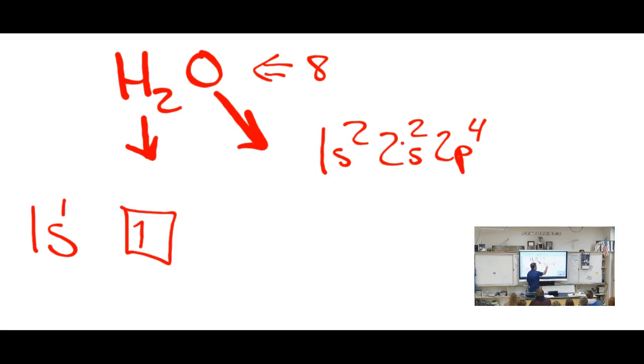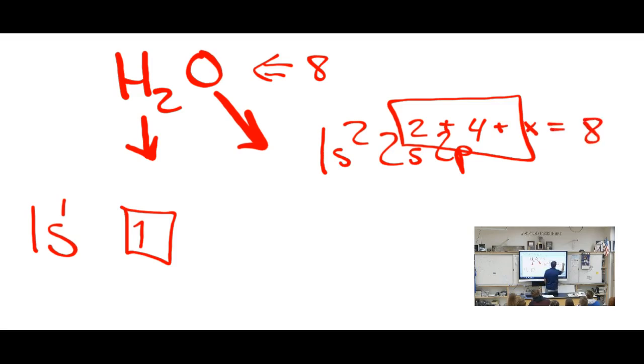Is this an octet? No. Does 2 plus 4 equal 8? No. 2 plus 4 plus what equals 8? 2, correct. But look at hydrogen. What does it have? It only has 1.